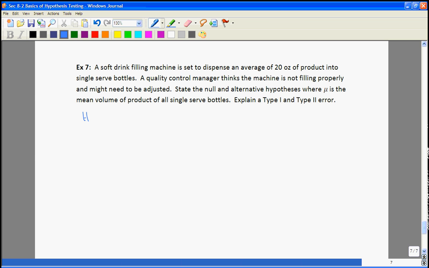Okay, so the null hypothesis is saying, yep, the average that goes into each bottle is 20 ounces. But the alternative is the quality control manager saying, I think there might be a problem. I don't think it's filling at 20 ounces. Now, an indication of direction was not mentioned.